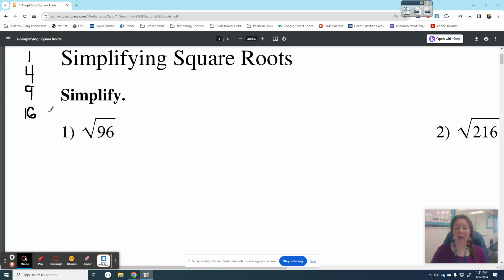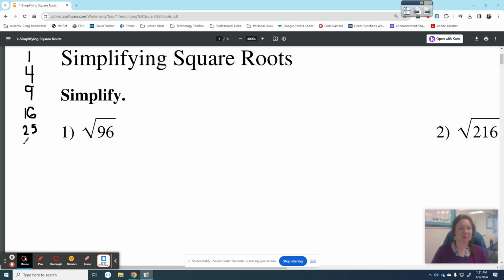Now you can probably tell what I'm doing is I'm taking a number and multiplying it by itself. So next would be 5 times 5, which is 25. And this is a list of perfect squares. Any of these numbers, if I took the square root, it would give me a nice whole number.